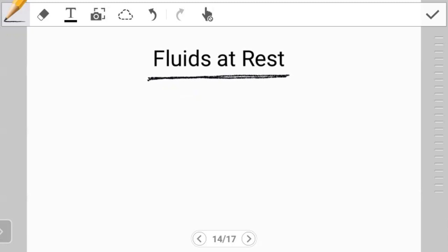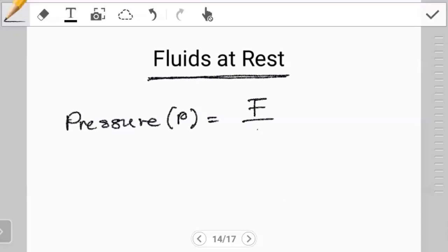The first thing to keep in mind is that in this section, we're going to do a lot with what pressure is. From your studies so far, you should recall that pressure is given by force over area.